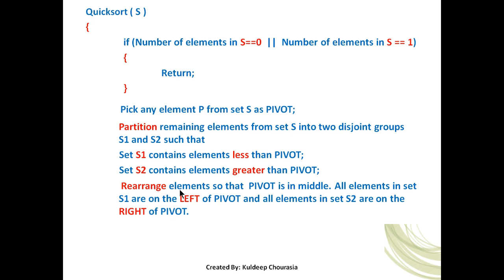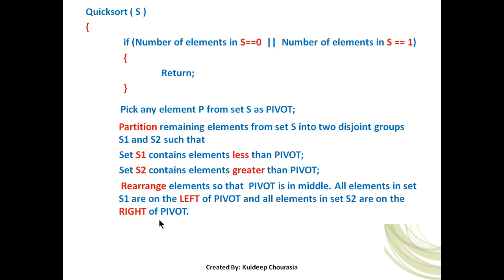Rearrange elements so that pivot is in the middle. All elements in set S1 are on the left of pivot and all elements in set S2 are on the right of pivot. So we rearrange, put elements which are less to the left, put elements which are greater to the right.